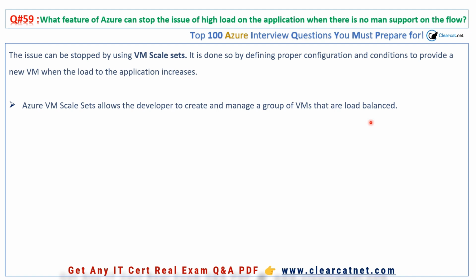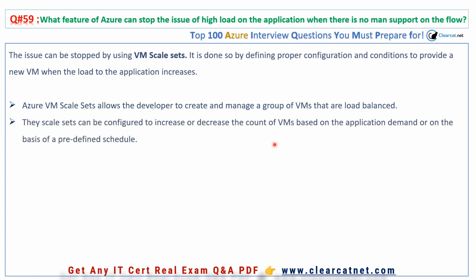Azure VM scale sets allow the developer to create and manage a group of VMs that are load balanced. Scale sets can be configured to increase or decrease the count of VMs based on the application's demand or on the basis of a predefined schedule. Scale sets ensure high availability of applications.